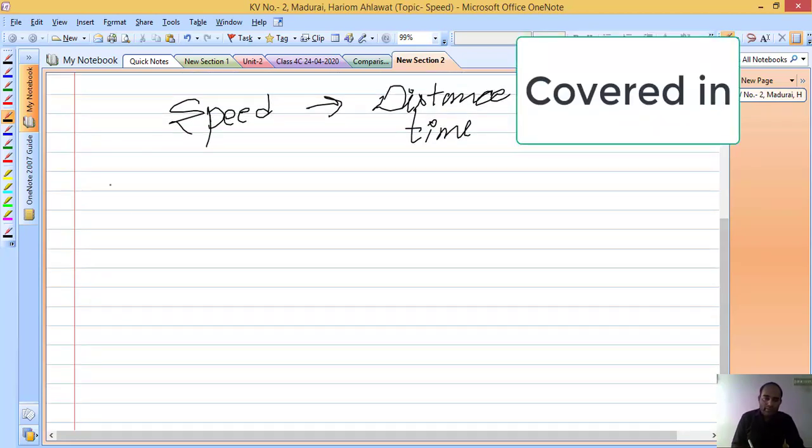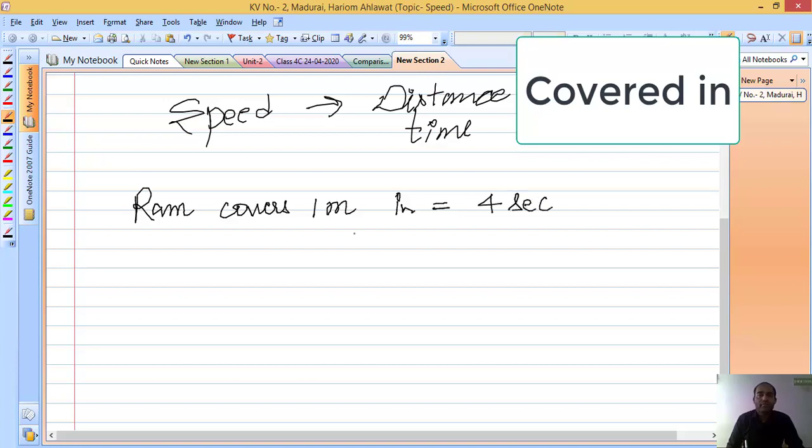Okay, I will say Ram covers 1 meter in 4 seconds.